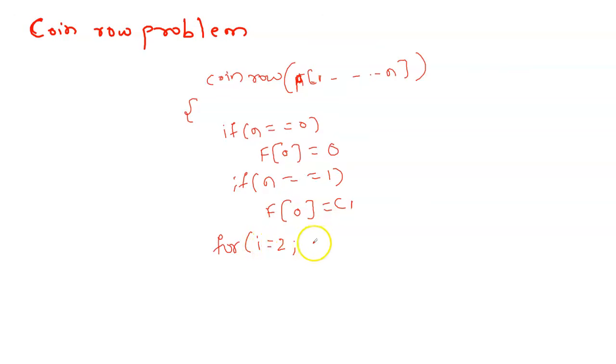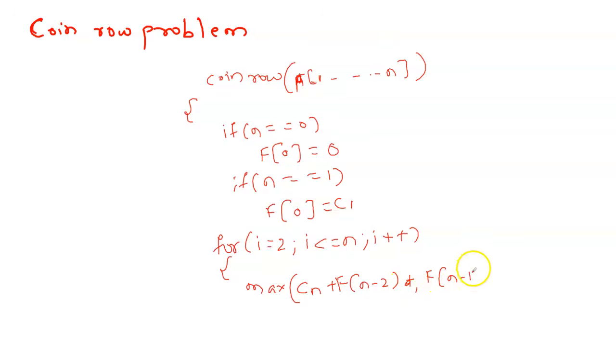So for i equal to 2, i less than or equal to n, because it will go up to n, then i plus plus. So what was your recurrence relation? It is max of c of i plus f of i minus 2, comma, f of i minus 1.